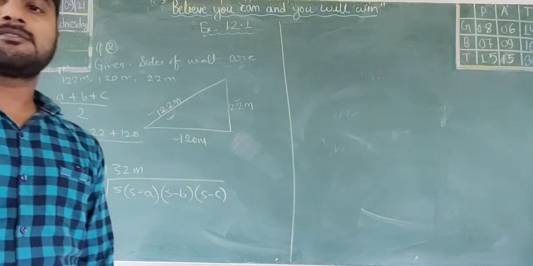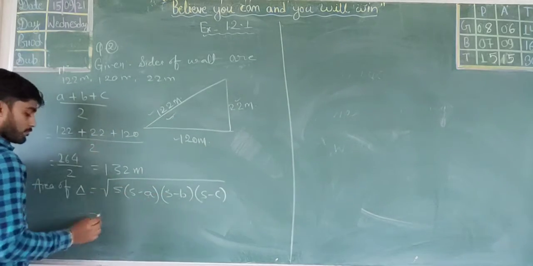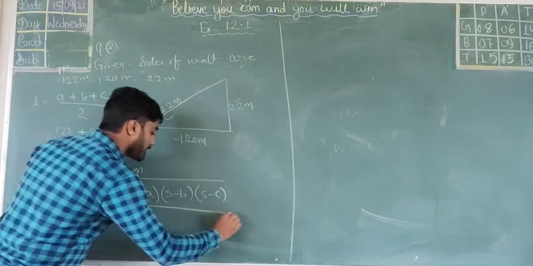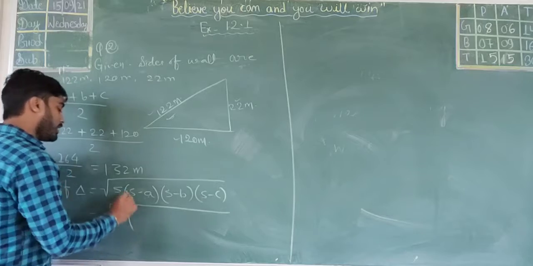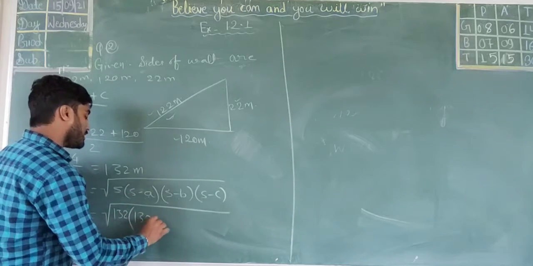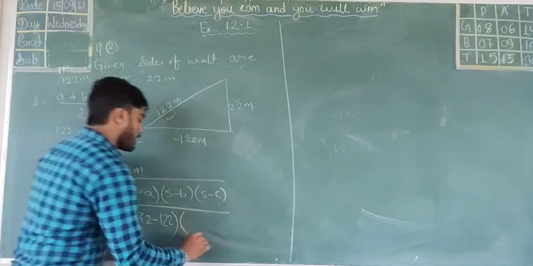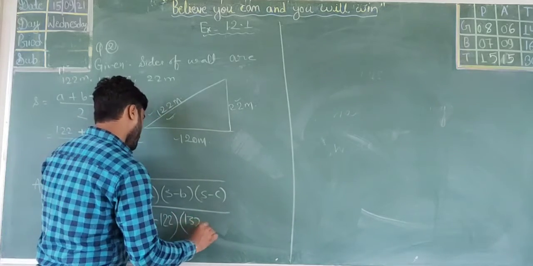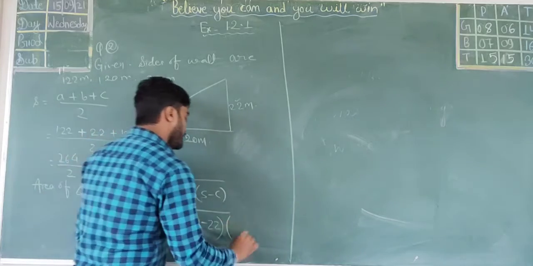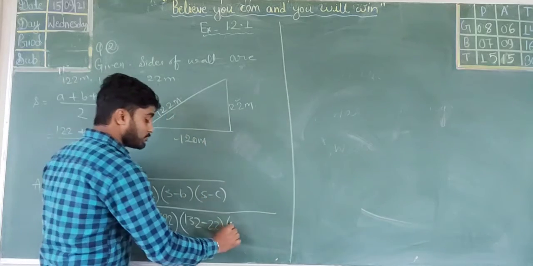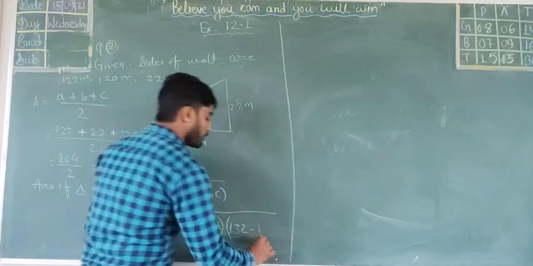Under root, S is 132, 132 minus A, that means 122, 132 minus B, that is 22, and lastly 132 minus C, that means 120.